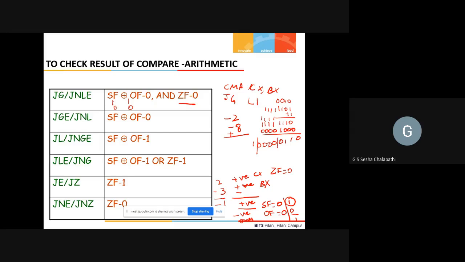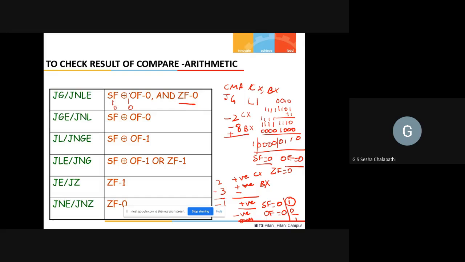Now, if you look at this, the sign flag is 0 and the overflow flag is also 0. This is in fact the case where, let us say this is in CX and this is in BX, CX is greater than BX, for -2 and -8 also. So the sign flag was 0 and the overflow flag was 0, both of them XORing will become 0.